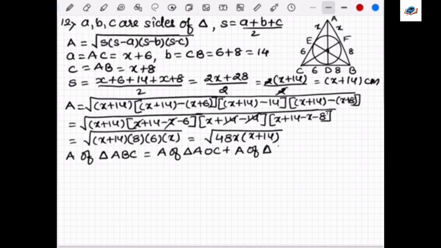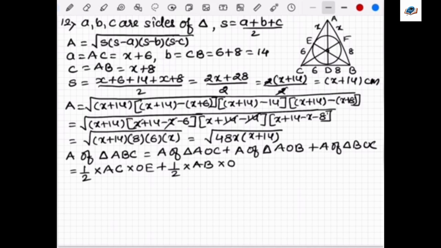So this will be equal to half into x plus 6 into 4. So 2 and 4 I am cutting, plus half into AB, which is x plus 8, into again 4, plus half into 14 into 4.